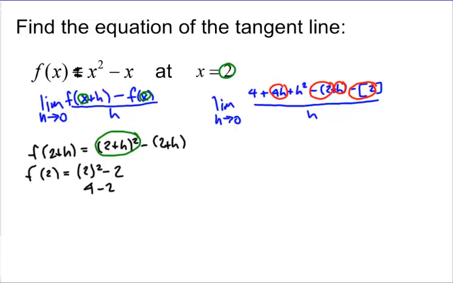I can put those guys together. And so we'll have something that looks a little bit different. Once you clean everything up, you have the limit as h goes to 0 of 4 minus 2 minus 2, minus 4 plus 4h minus h plus h squared over h.